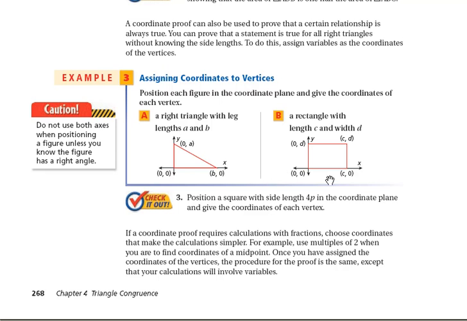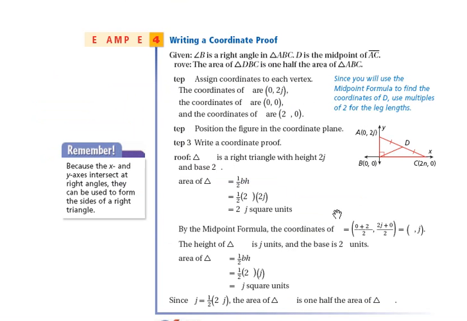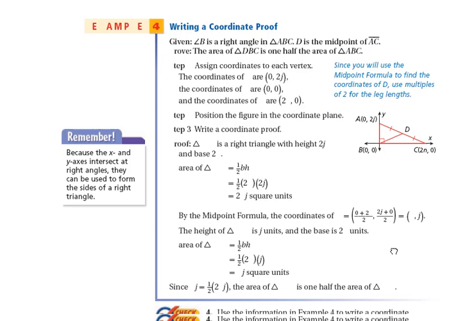Same thing right here as well. And that's what this example shows a little bit here with some of the variables that are involved. If you want to take a look through that example, it's a pretty good example.